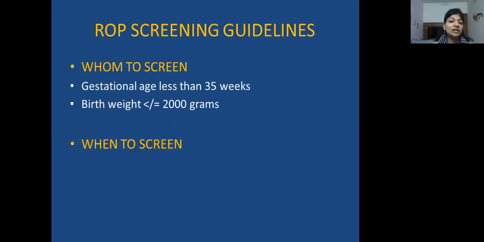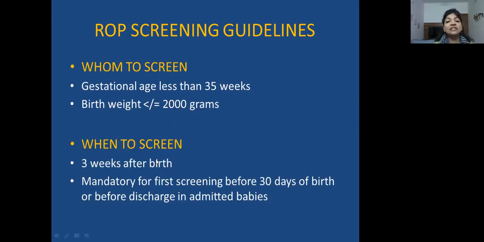And when do you screen them? Typically at 3 weeks after birth. Because if you're going to screen for ROP at birth, you're not going to pick up any signs of ROP except for seeing an avascular retina. So it's important that you screen at 3 weeks because that's when the stages of ROP, if at all it's developing, would start. And if for some reason you can't do it at 3 weeks of birth, it's mandatory that you do it before the first 1 month of life in a premature baby.